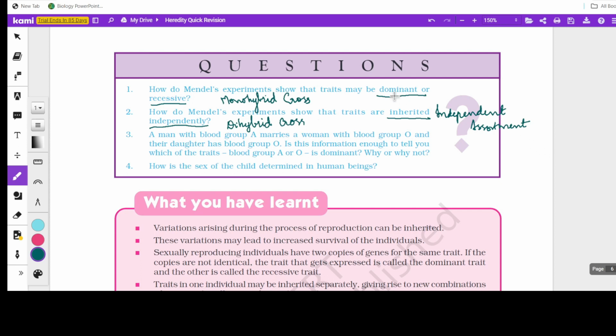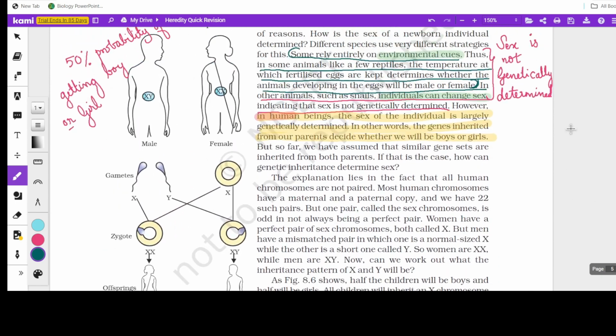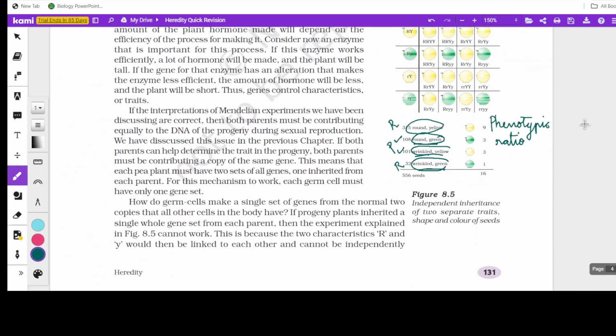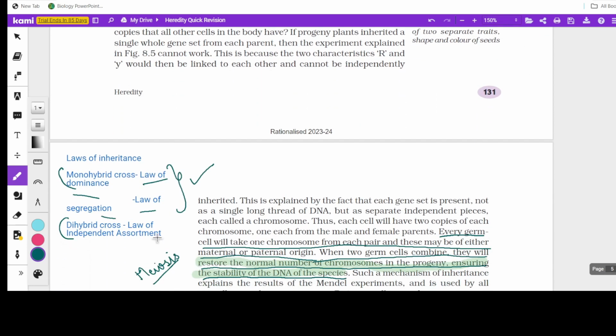If they ask about traits inherited independently, that is the term independent assortment or inherited independently, if that term comes, you have to explain the dihybrid cross, because after the dihybrid cross, Mendel formulated or stated the law of independent assortment.